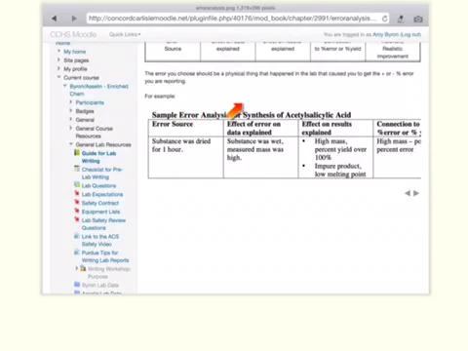If we look over at effect on results explained, it says high mass, which made it seem like you got more product than you were supposed to. So this is a percent yield lab. Yours, you're going to link it to your direct calculation of the specific heat.